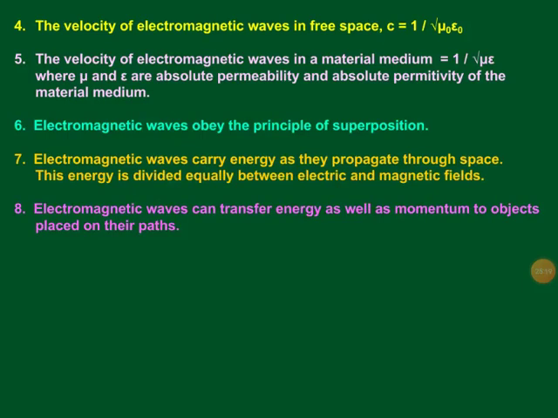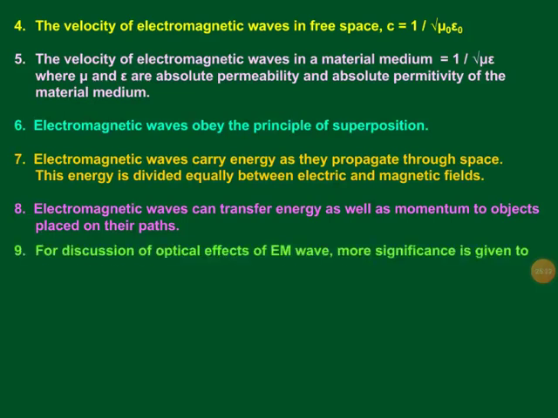Next, in the discussion of optical effects of electromagnetic waves, more significance is given to the electric field vector E. Therefore, your electric field is called the light vector. Light is a transverse wave, so the transverse nature comes from the variation of this electric field with time. So we call the electric field the light vector.